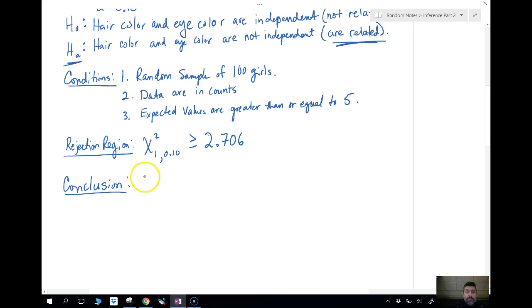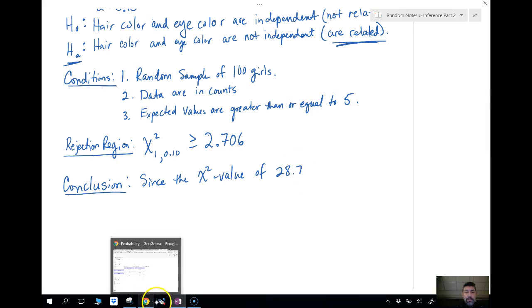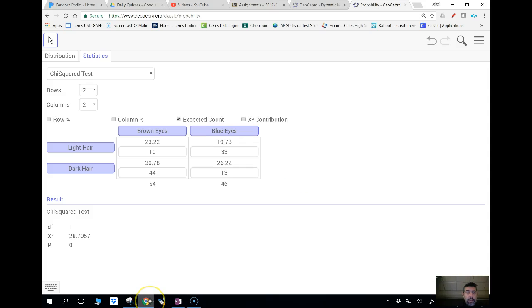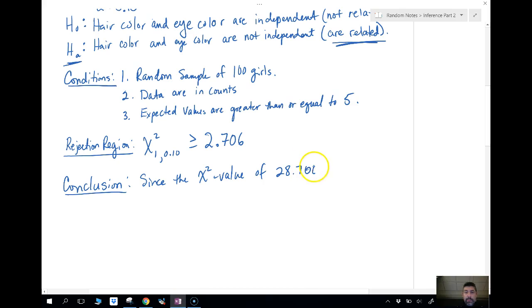So since the chi-squared value of 28.706 is in the rejection region.